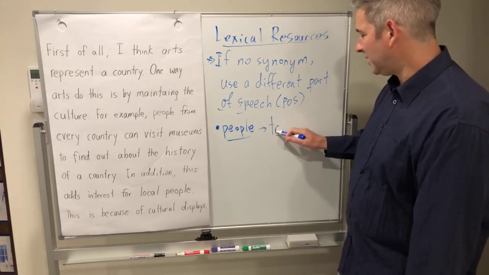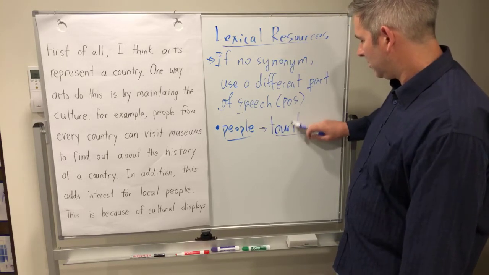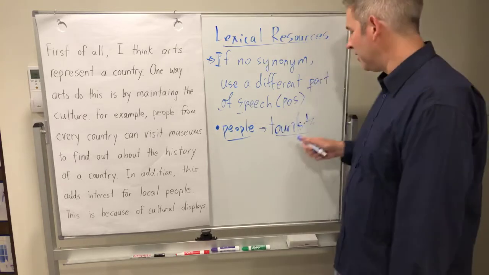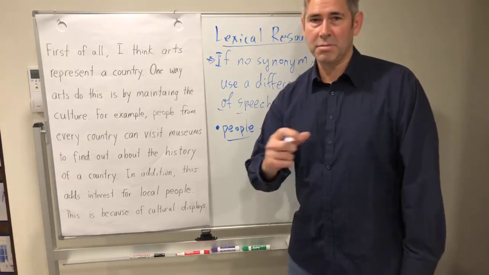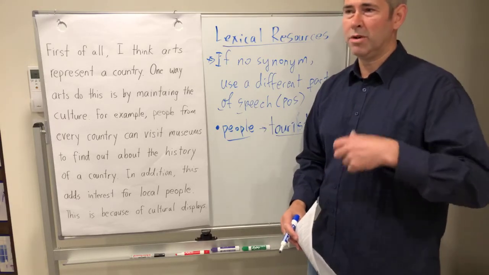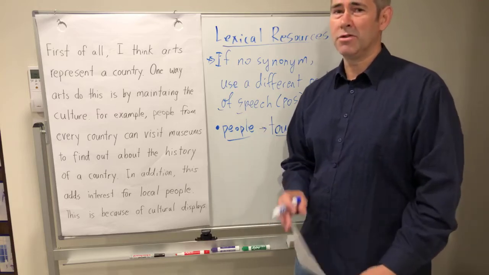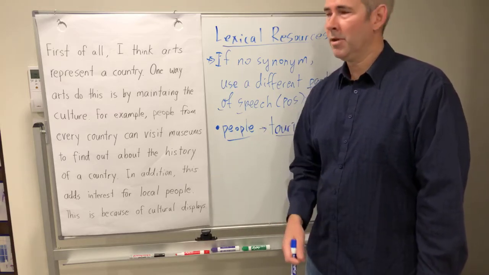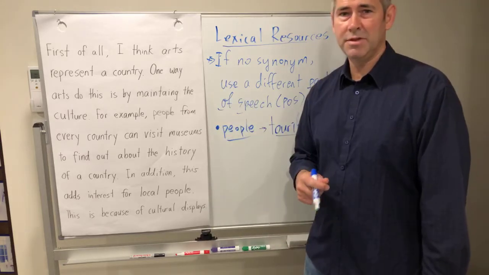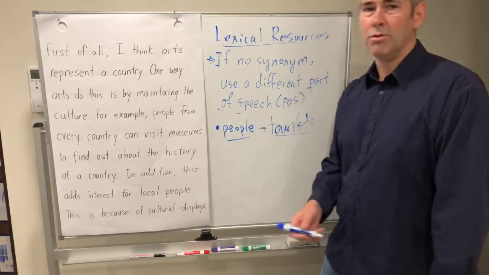So if you guessed tourists, well done. So again, just a different way of expressing people. In fact, I would say that people is one word which many students overuse. There might not be too many direct synonyms for the word people, but there's all different kinds of people. People that come to visit museums, they're tourists. So what about down here? Local people.